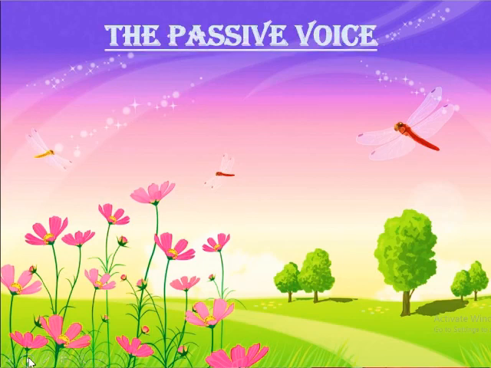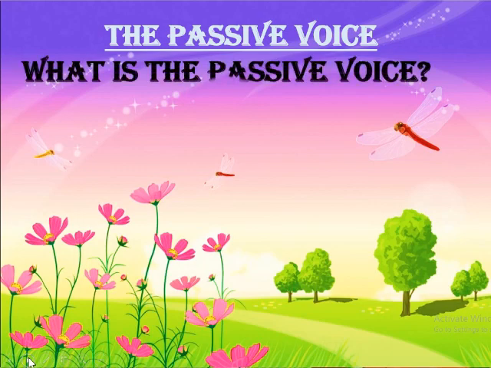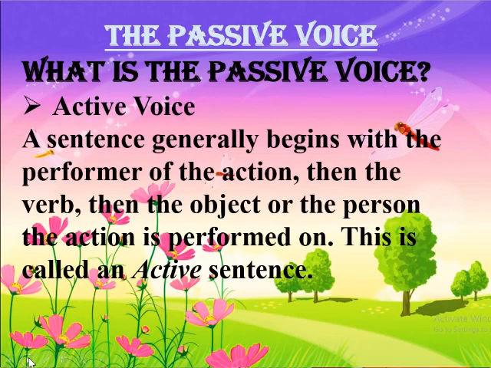The passive voice. What is the passive voice? Before we come to know passive voice, let us know what is active voice. A sentence generally begins with the performer of the action or the doer of the action, which is the subject, then the verb, and then the object or person that action is performed on.